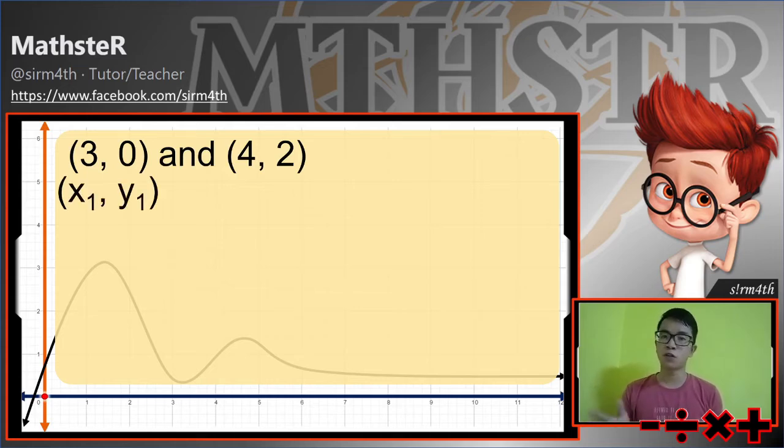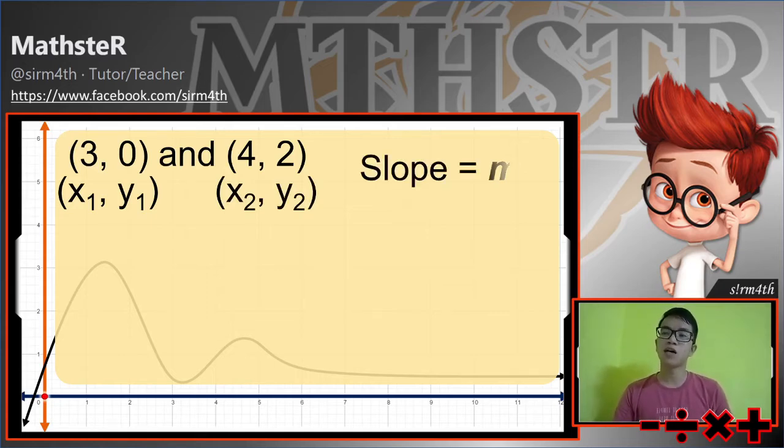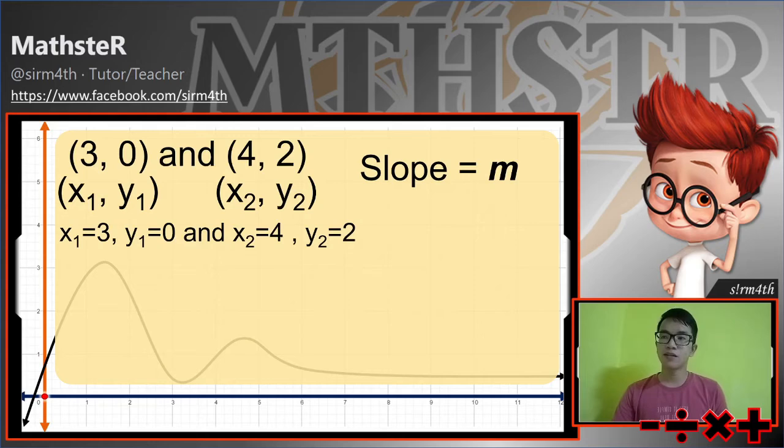Our first coordinate will be denoted by x sub 1 and y sub 1, and our second point will be denoted by x sub 2 and y sub 2. Our slope will be denoted by small letter m. So x sub 1 is equal to 3, y sub 1 is equal to 0, x sub 2 is equal to 4, and y sub 2 is equal to 2.